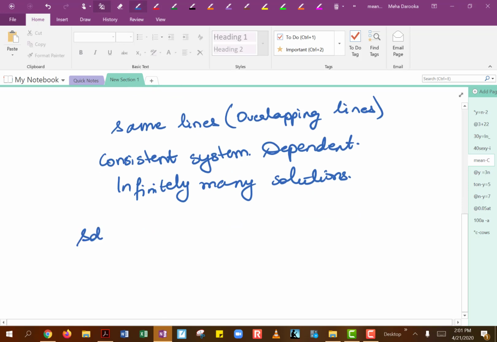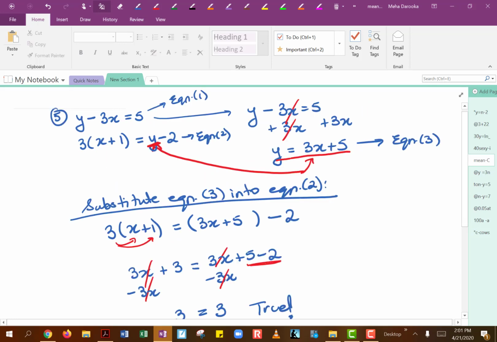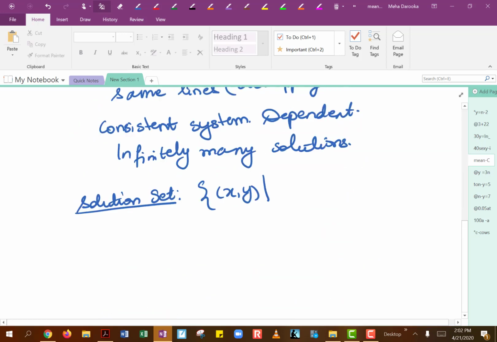So our solution set will be x comma y, and then use any one of these lines from your original equation. So how about we use that first one, y minus 3x equals 5. So whatever is the solution of this equation is going to be the solution for our entire system.